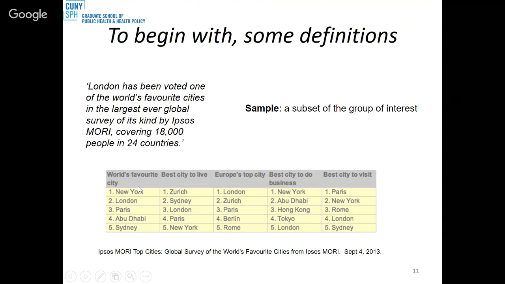But I think it's clear from the statement here, the world's favorite cities, that their intention is that they are surveying the population of the world. Intention. We'll talk more about some issues with sampling and validity of sampling. But for now, just what's the population? In this case, the population is the world.